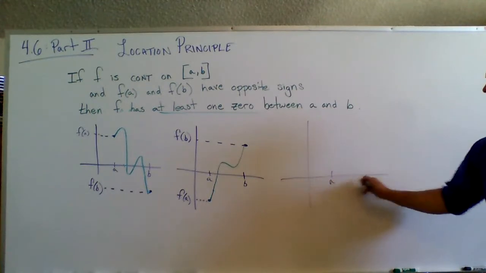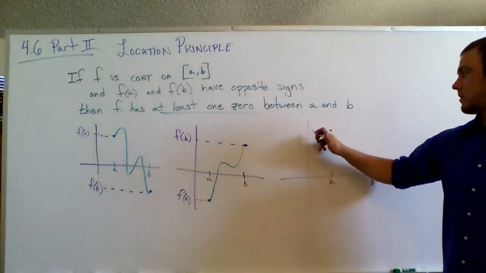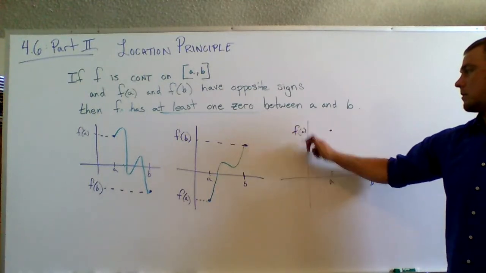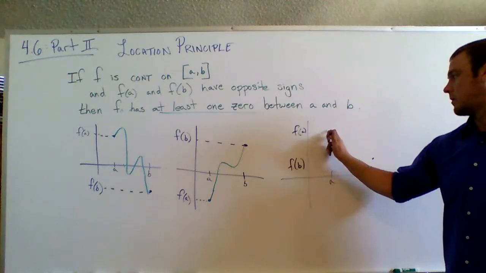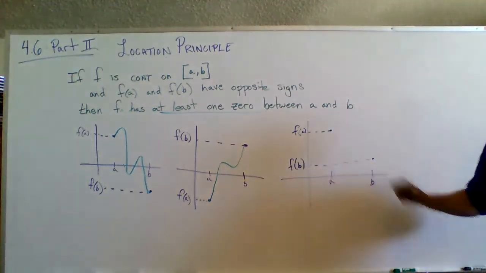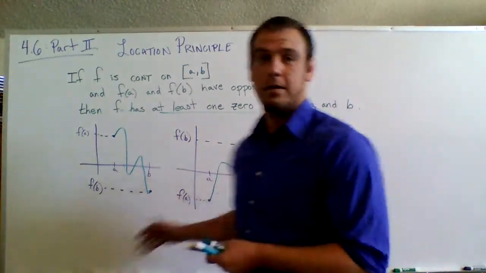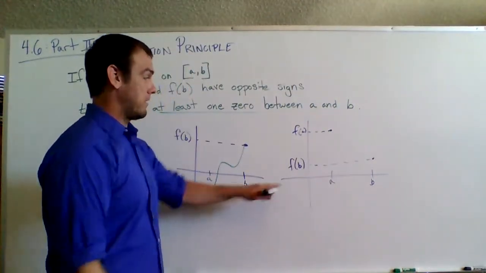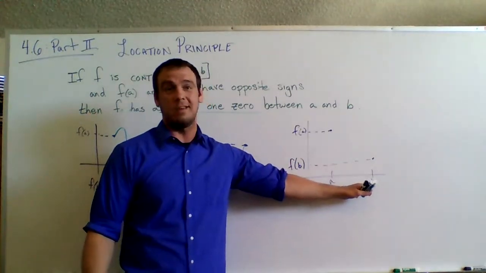So if we've got a and we've got b, we have f(a), and we'll say f(b) is down here. Alright, so now we're both positive. If your outputs have the same sign, does that mean there's no x-intercept between a and b?